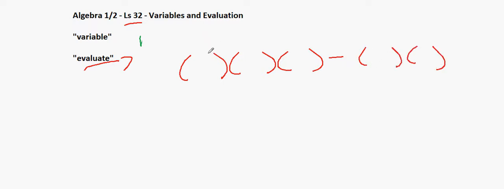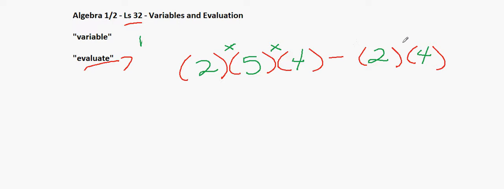Now why did I do that? Because these are all little cavities now that I can fill with the value if x is 2, m is 5, and y is 4. And we know parentheses next to each other indicates multiplication.